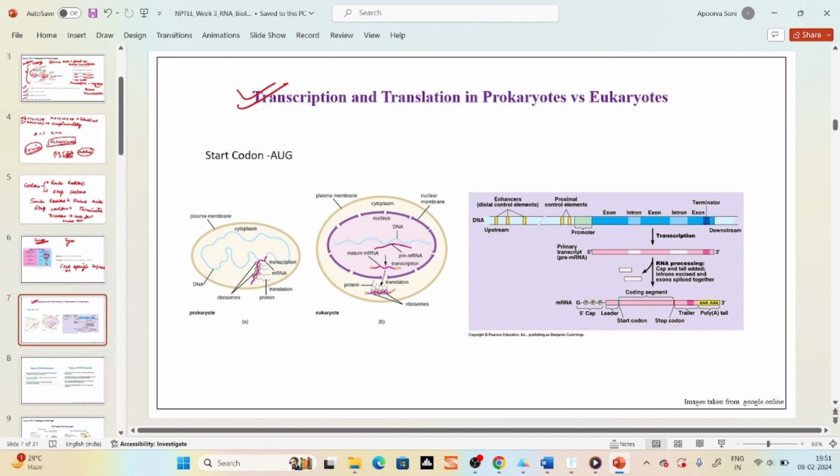So can you tell me why there are some differences and what is the basic reason for this difference? Why are transcription and translation different in prokaryotes and eukaryotes? What can you think of as a possible reason behind this? Think.